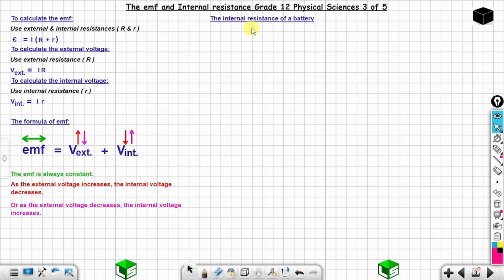Now, the internal resistance of a battery. Let's see about the internal resistance of a battery. The internal resistance, lowercase r, is one of the parameters that indicate the ability of a battery to carry current.